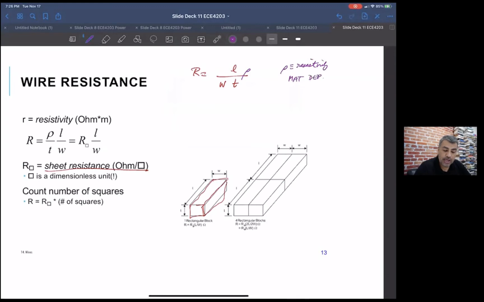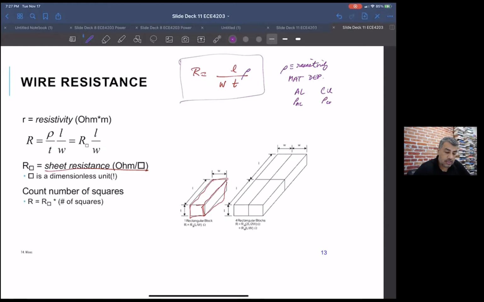If you had aluminum, it would have one resistivity. We'll look at that in a little bit. If you had copper, you'd have a different rho. Copper has lower resistivity than aluminum, but that's basically the resistance of that line. Now, when you're doing chip design, you don't control the thickness.